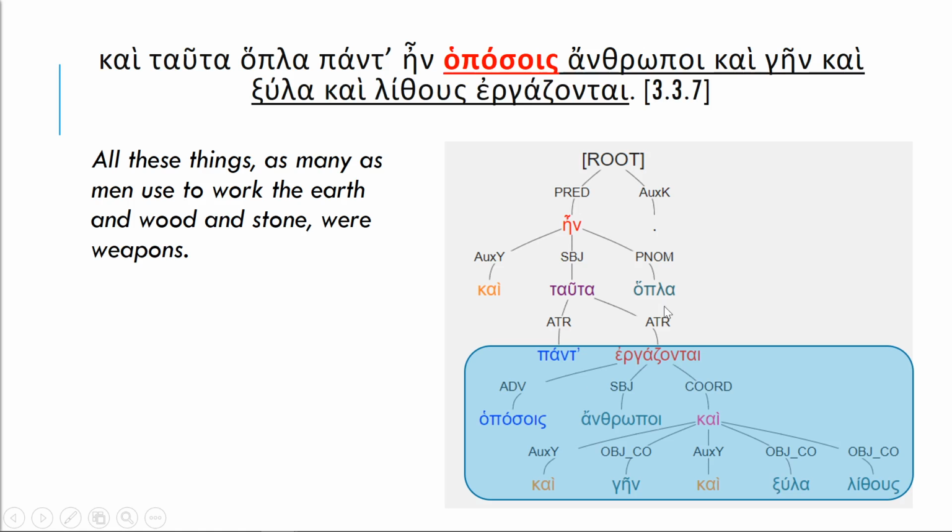So all these things are weapons, whichever men use to work the ground and wood and stone. So hoposois is an adverb because it's a dative of means or instrument, really an instrument. It's a neuter plural because its antecedent is tauta, and the whole clause hangs as an attribute on that tauta.